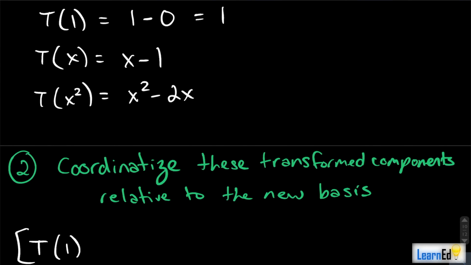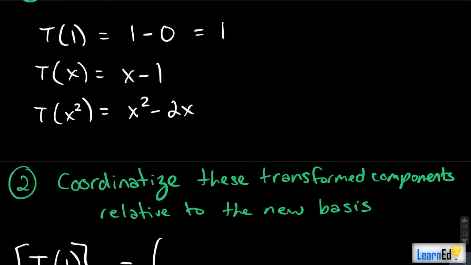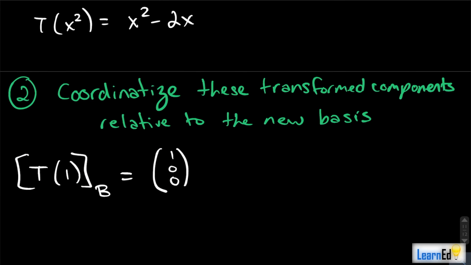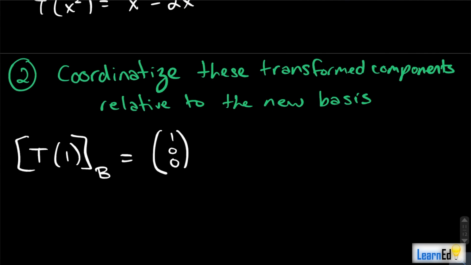So T of 1 relative to B would be, we have a 1 here, so this would be 1, 0, 0. We don't have any x's, we don't have any x squareds.